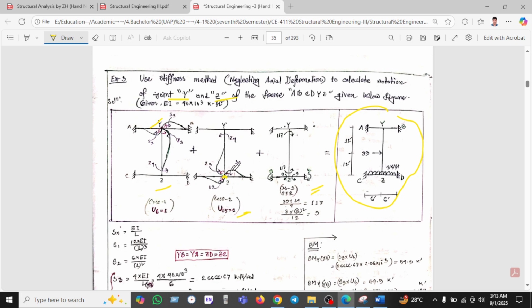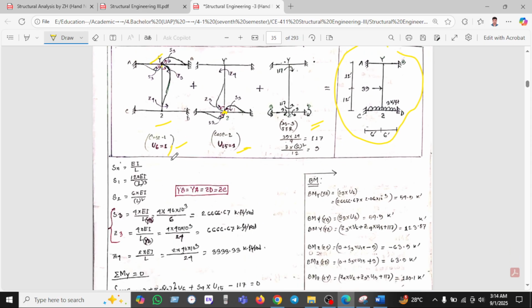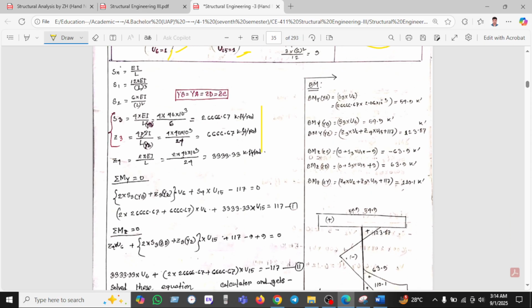Here we are taking the rotation and another rotation here, and the member deflection is shown here, and calculating all this here, S1, S2, but EA is not needed. S1, S2, S3: S1 is 12 by L cube, S2 is 6 by L cube, and S3 is 4 by L, and S4 equal to 2 by L, and finding this equation at this value.